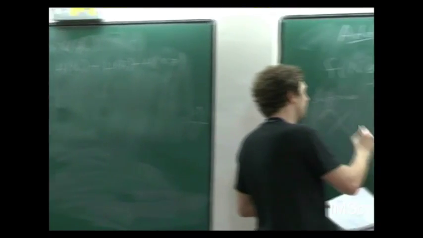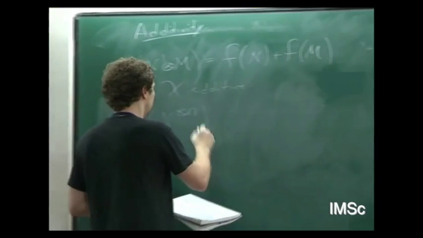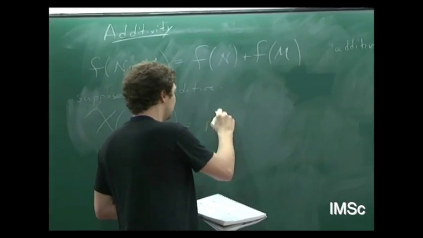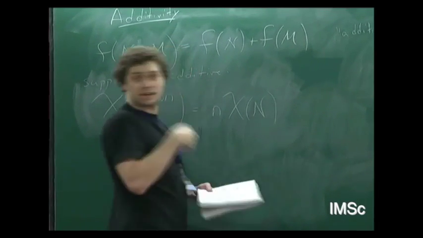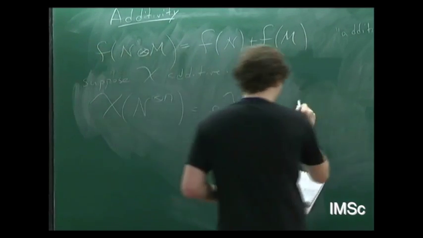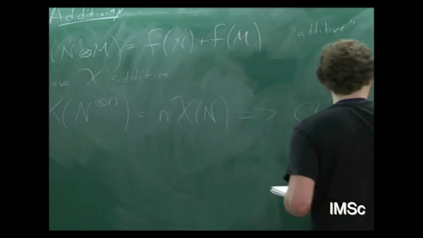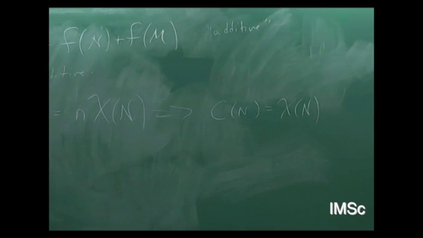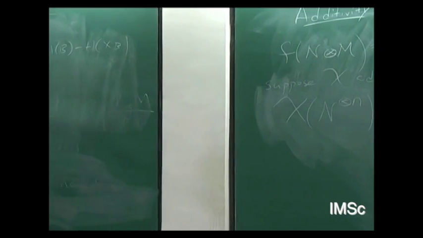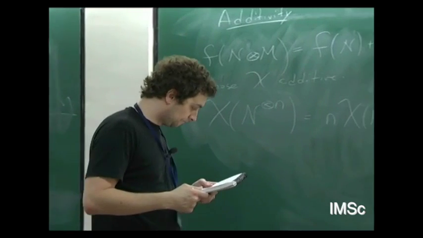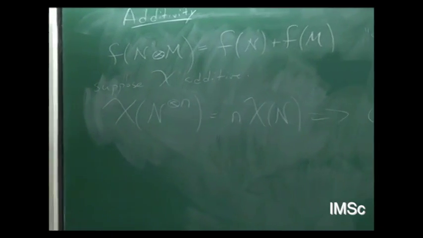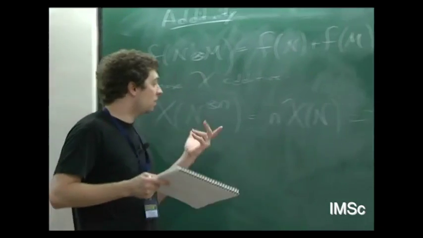So if we have this chi of N tensor n, that'll just be equal to n times chi of N. The n factors out, the limit's not needed, so that means that the capacity would be equal to just this chi. And again, that's something we can go off and compute, and that would allow us to figure out exactly what the capacity of the channel we cared about was. So this is a very useful property.